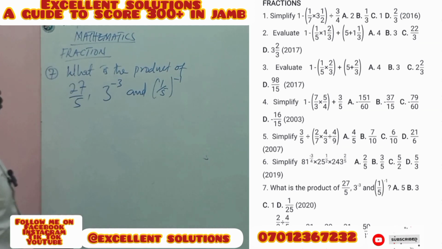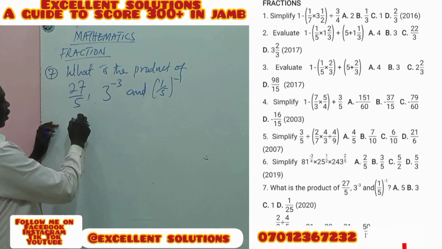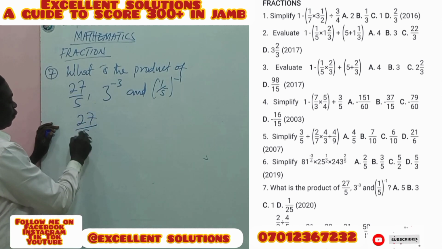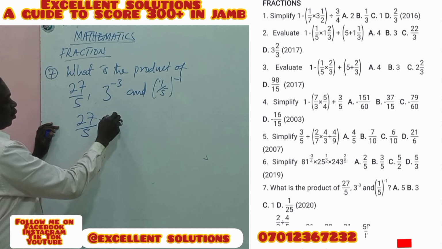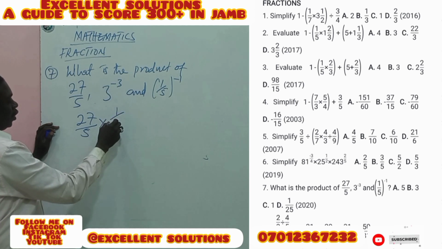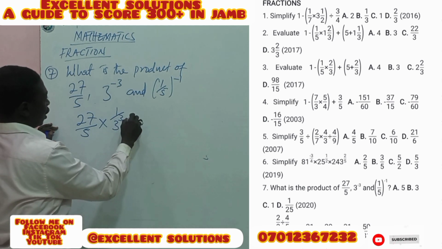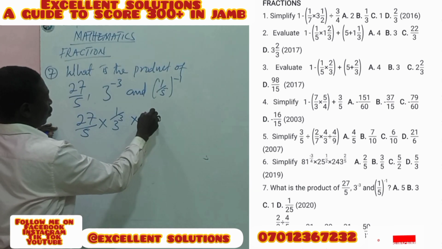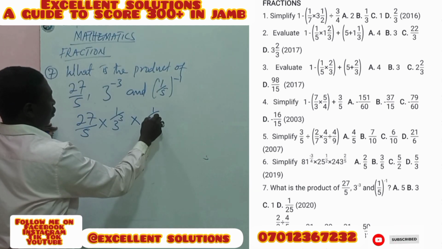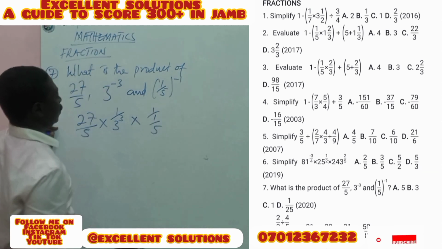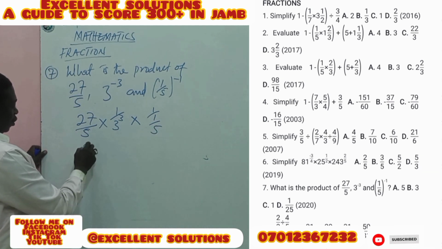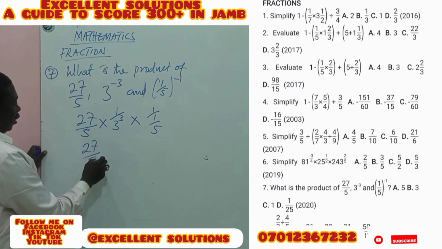So the first thing we need to do, this is the same as saying 27 upon 5 times, we now have 1 upon 3 cubed, then times, we now have 1 upon 5.